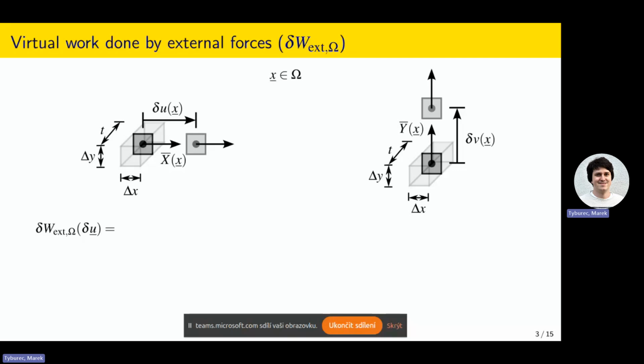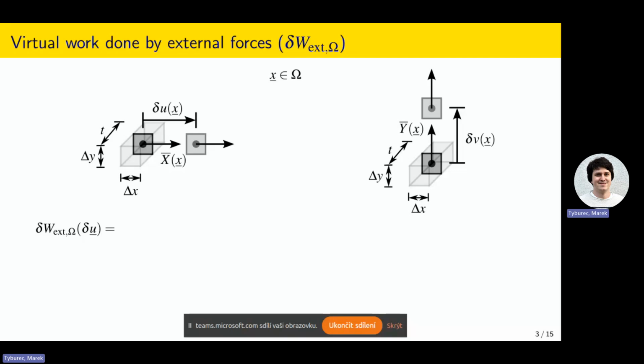And so we can write some kind of double summation here. Essentially, we sum up over all delta x and delta y of the body. Now we need to write down the formula for work produced by this body load.